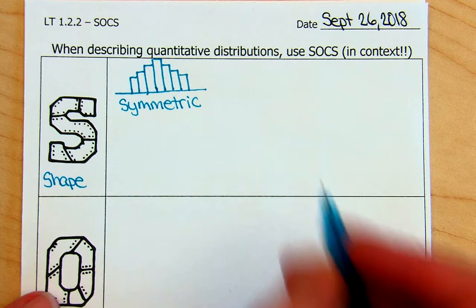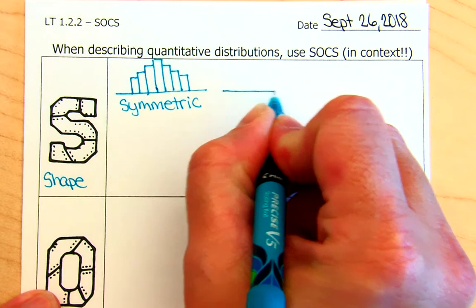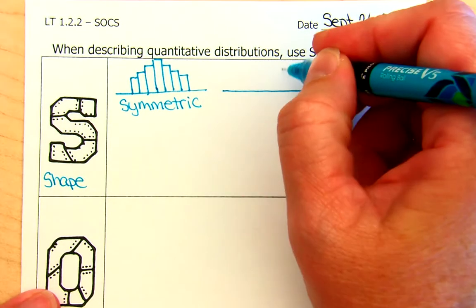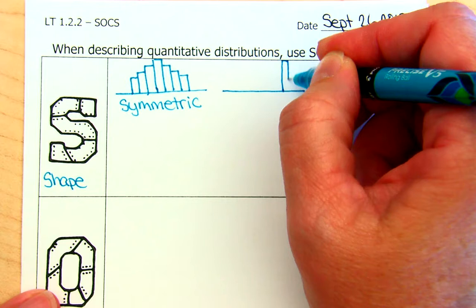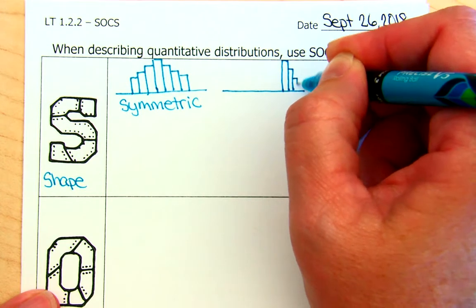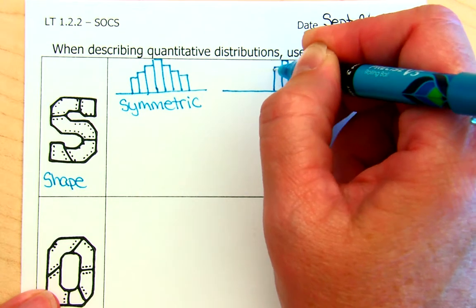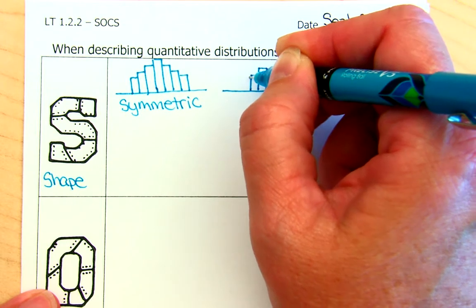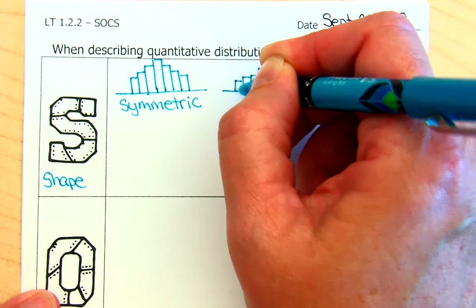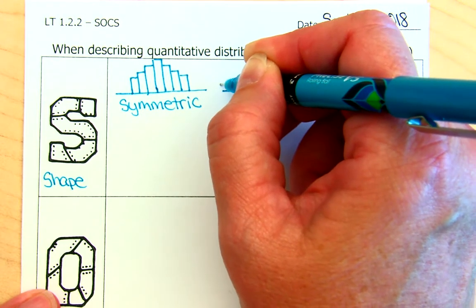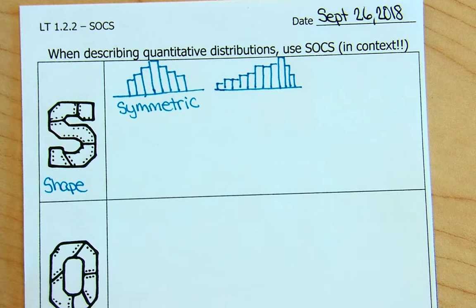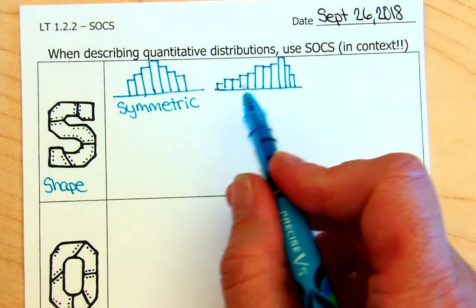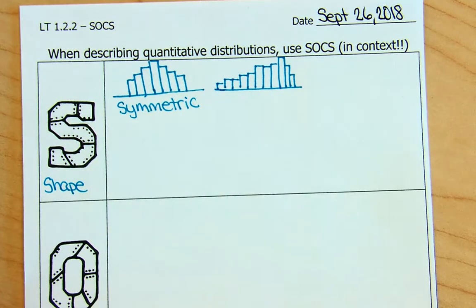Okay. Our next shape, let's say it's taller on this side. And it goes off a lot slower on the left than the right.